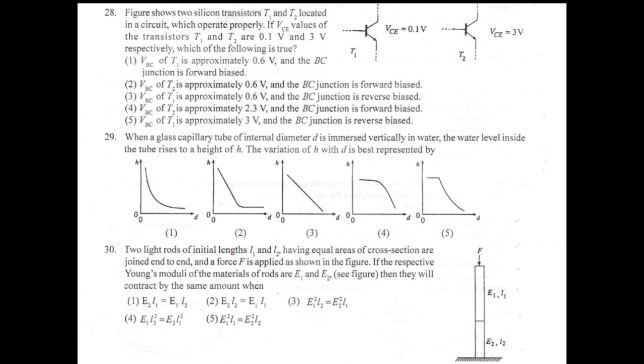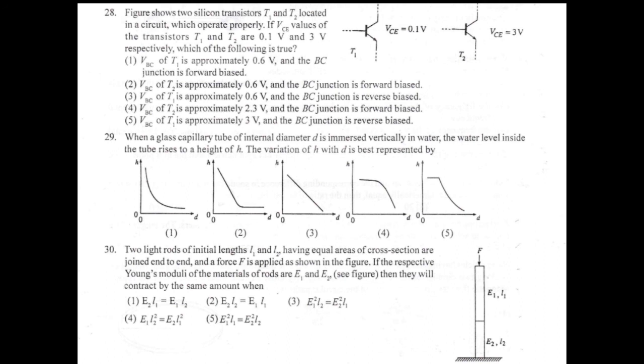Young modulus is stress over strain. So, Young modulus E equal stress, which is F over A, divided by strain, which is e over L. So, we have to use this equation for both rods.